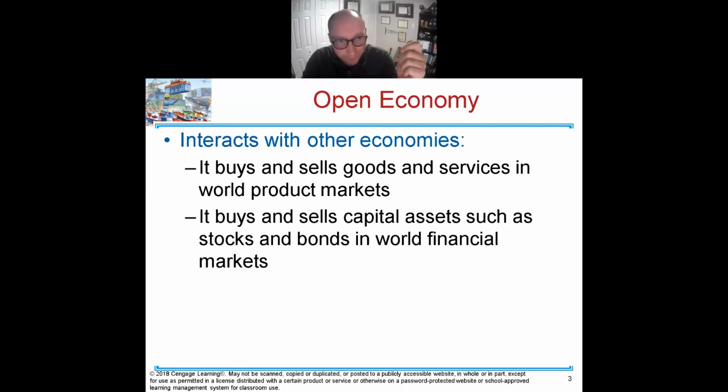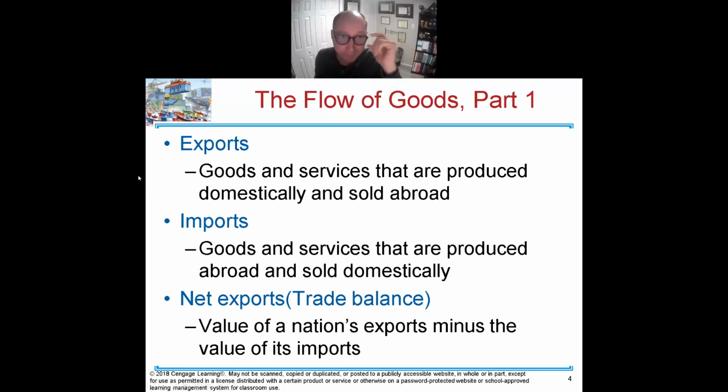So we exchange goods and services between countries and also buy and sell stocks and bonds in other countries. That's a concept within an open economy. That's how economies interact with each other. We export goods and services that we make domestically and we sell them abroad, right? An example of that would be the United States produces wheat.